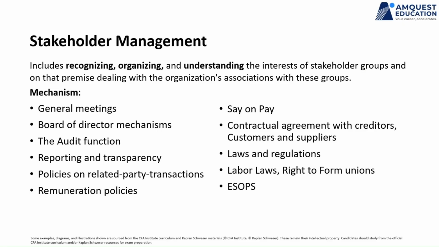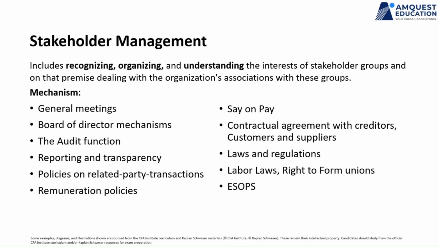Now, stakeholder management. It includes recognizing, organizing, and understanding the interest of stakeholder groups, and on that premise, dealing with the organization's associations with these groups. So each stakeholder is important, and there are certain actions that need to be taken to maintain stakeholder relationships and management.